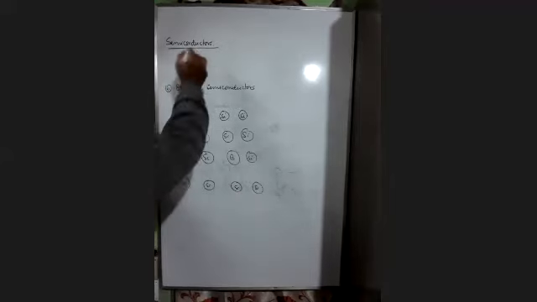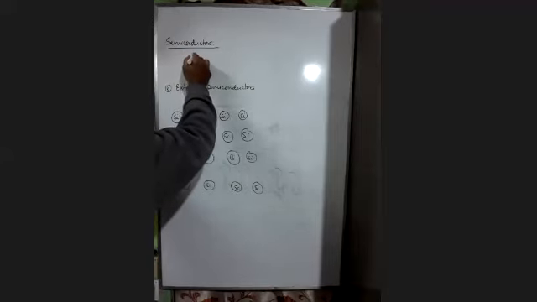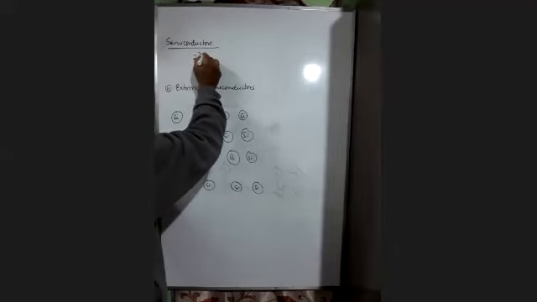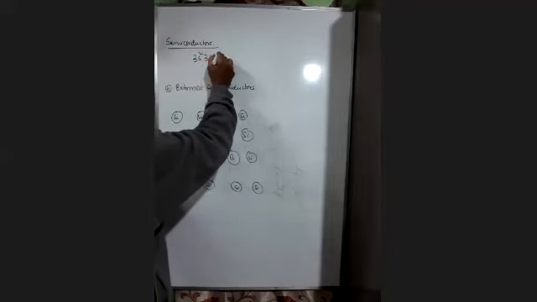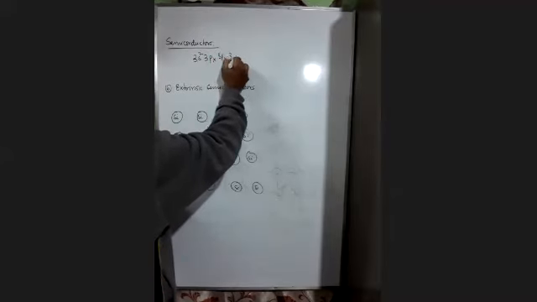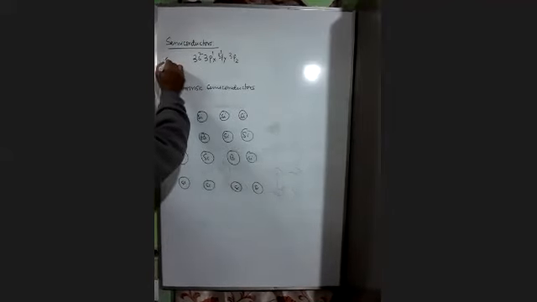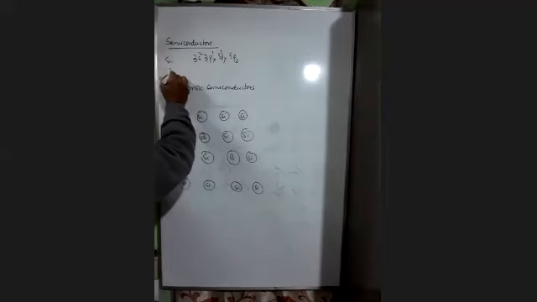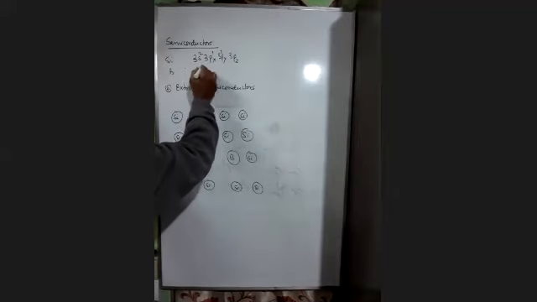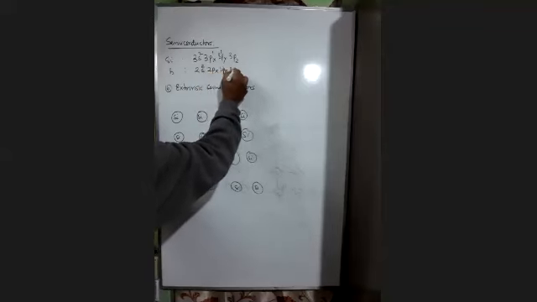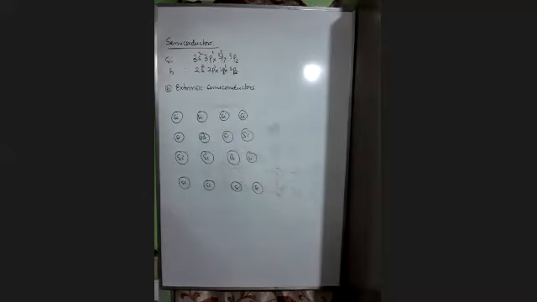See here. The outermost shell configuration of silicon is this, for silicon, outermost. And for boron, it is 2s2 2p1.